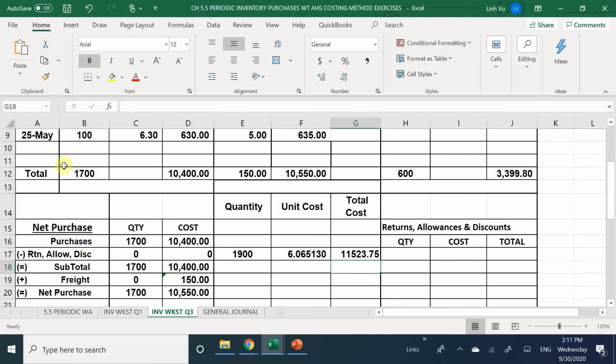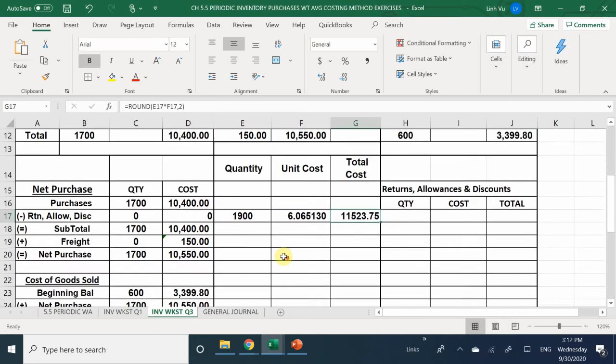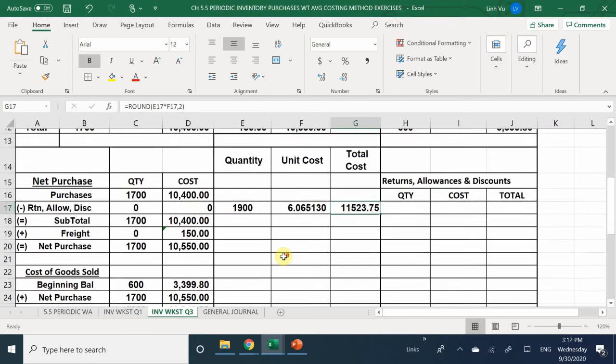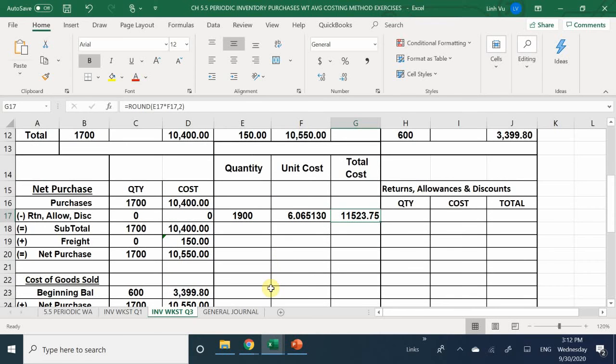Wait, I have a different number, I have 6.0513. So no wonder.